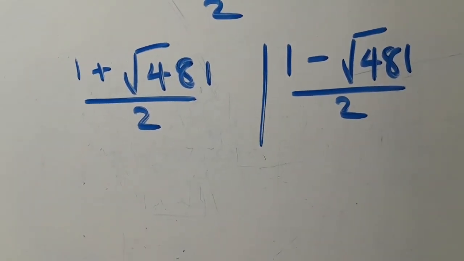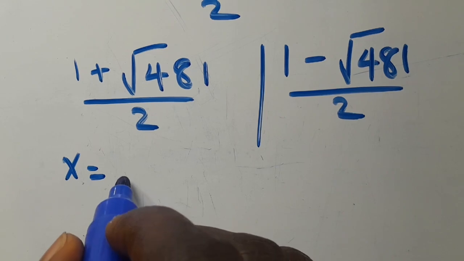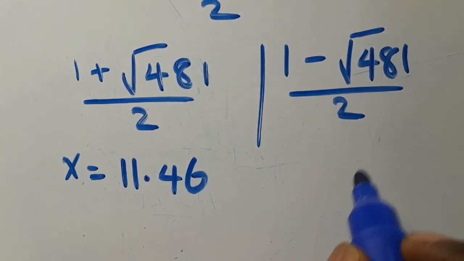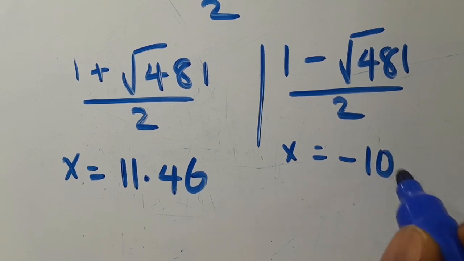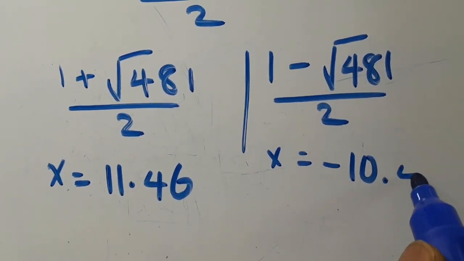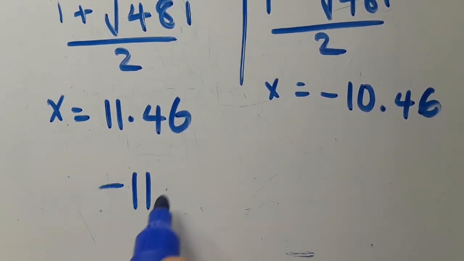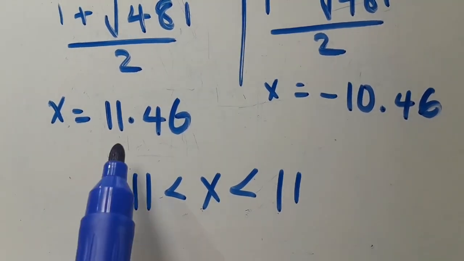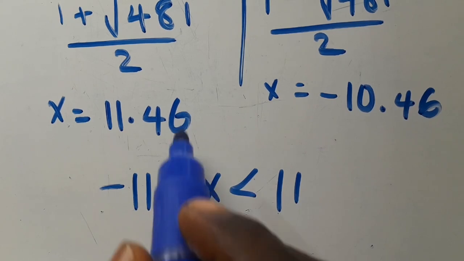Pressing this one, we are going to have x equals 11.46. Pressing this one, we're going to have x equals minus 10.46. And we set a condition that minus 11 is less than x, less than 11. So from here, we can see that we have 11.46, which is greater than 11, and x must be less than 11.